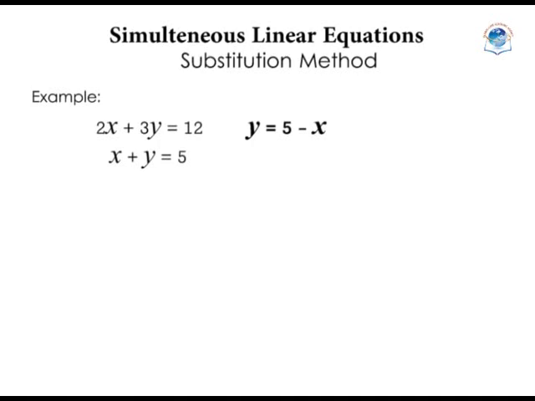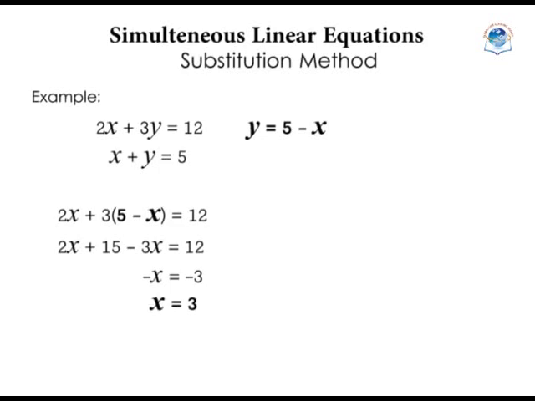Now we substitute y in the first equation. 2x plus 3 times 5 minus x is equal to 12. 2x plus 3 times 5 is 15. 3 times minus x is minus 3x. So 2x minus 3x plus 15 is equal to 12. Minus x is equal to minus 3. Divide either side by minus 1 and we get x is equal to 3.